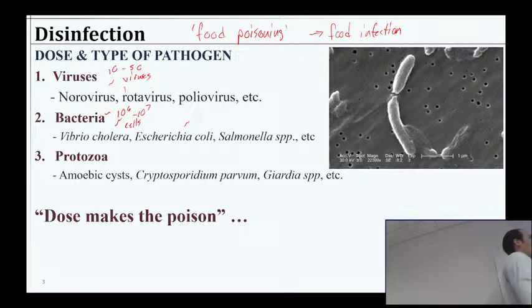The kinds we might have naturally are not typically the toxin producers. So it can be a toxin producing one that's making you sick, as well as just propagating in the wrong spot. So I think these are more like 10,000 cells would be required to get you sick, something on that order.